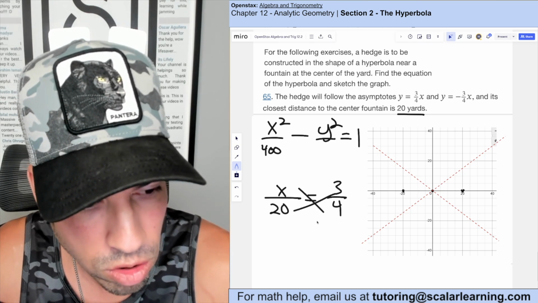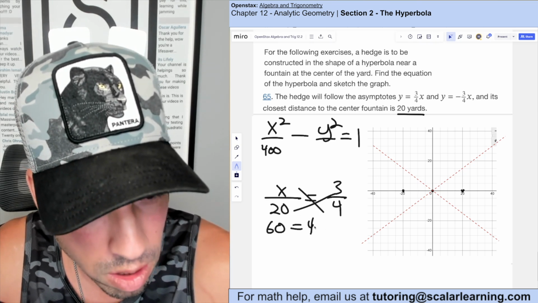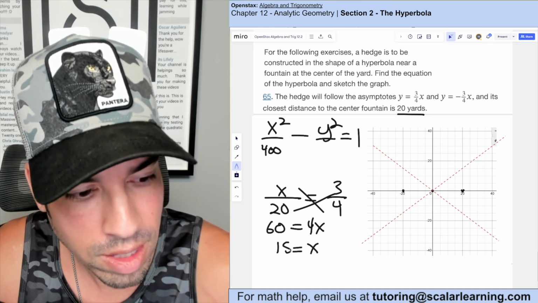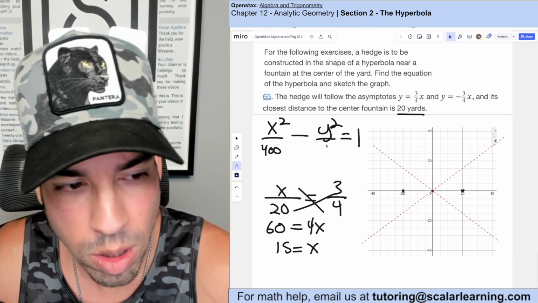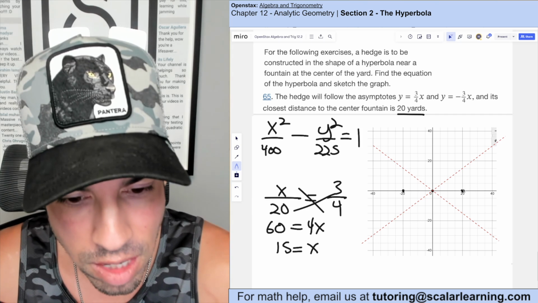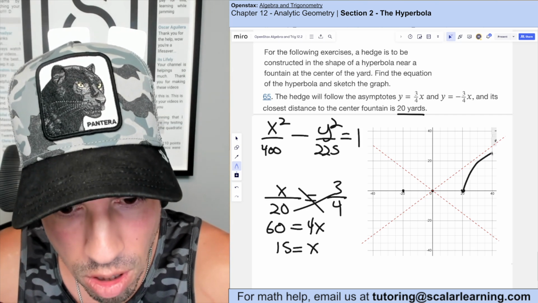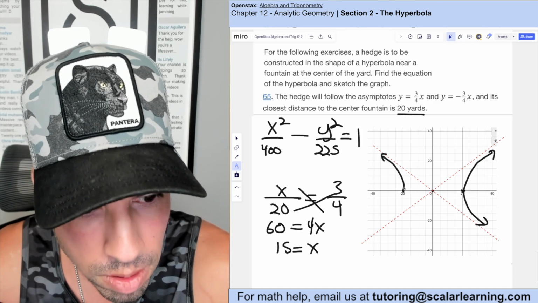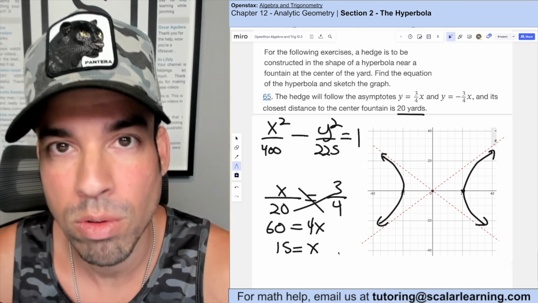So we can use this to solve: 60 equals 4x. Divide both sides by 4, x equals 15. So this value squared is what goes under the y. 15 squared is 225. Okay, great. Now let's sketch it. Starting at the vertices, we just hug the asymptotes, do the same on the left-hand side, boom, and that's how you do it, done.